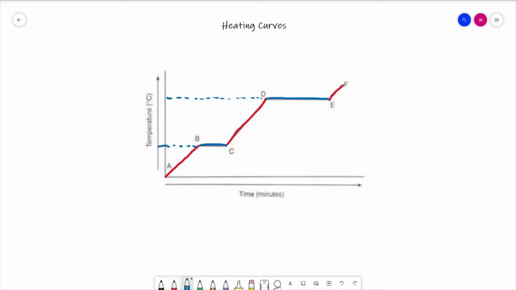So this temperature here on the graph would be the melting point, and this one up here would be the boiling point.